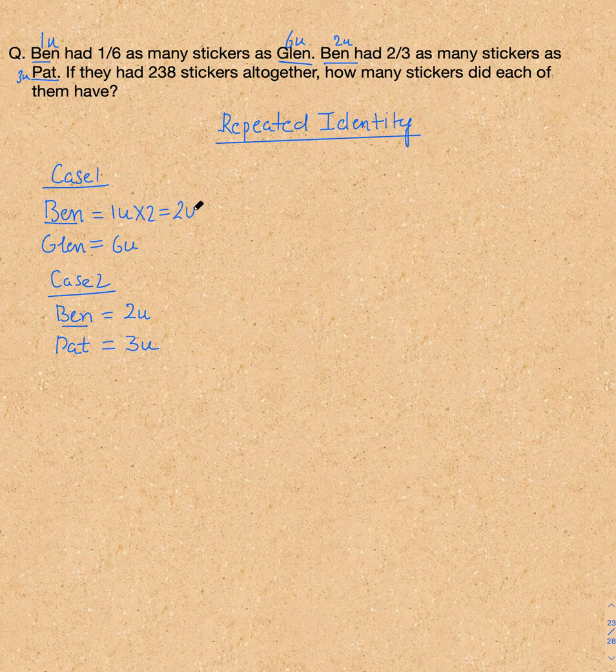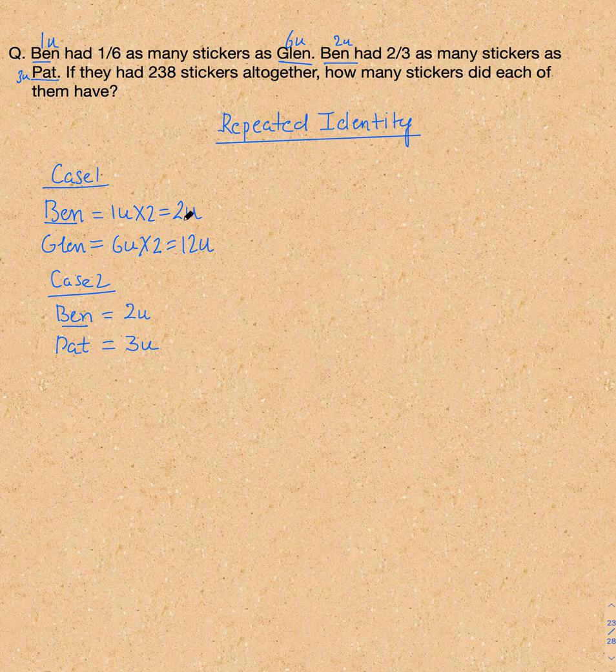We'll get 2 units. But the important thing to note is that the number of stickers of Ben and Glenn are related. Ben is 1 by 6 of Glenn. So if we multiply Ben's unit by 2, we have to multiply Glenn's unit also by 2, so that the fraction remains the same.